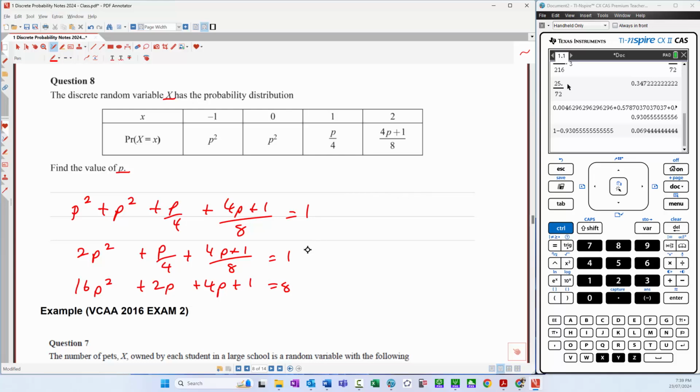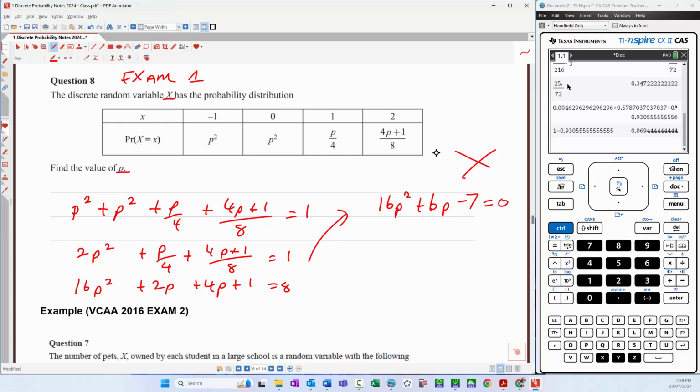Then I'm going to do 16p squared plus 6p take away 7 equals 0. Okay, fairly nasty looking one here, but this is an exam one question, so we're expecting this to factorize fairly easily.